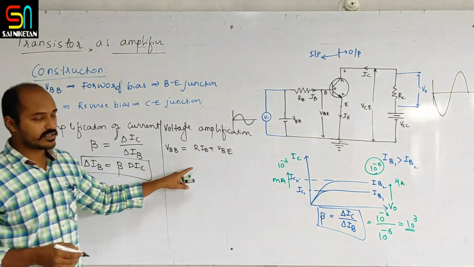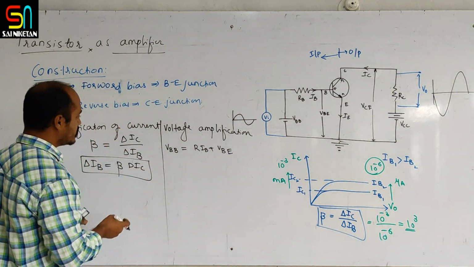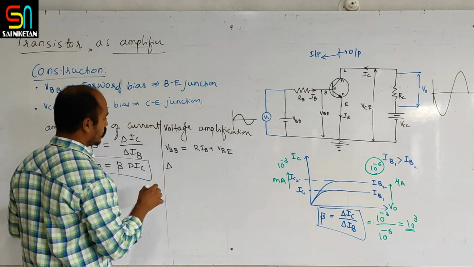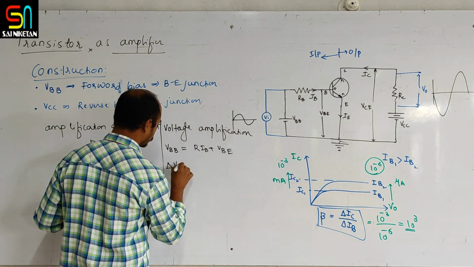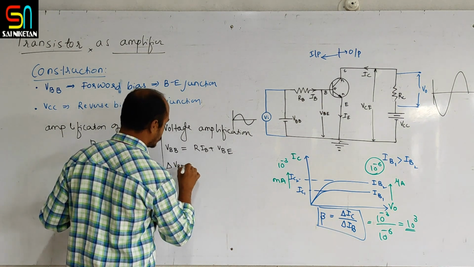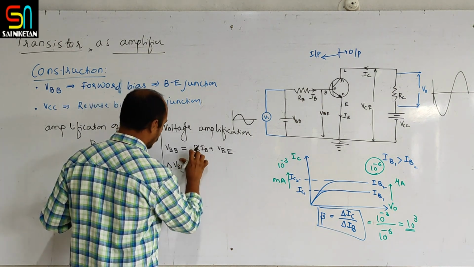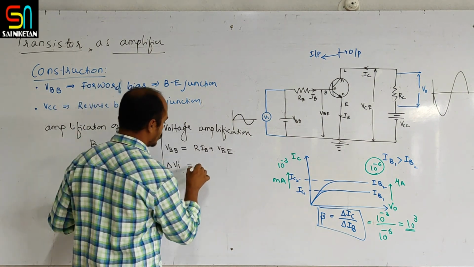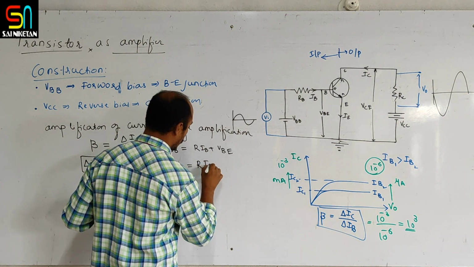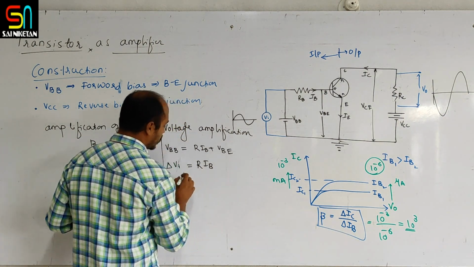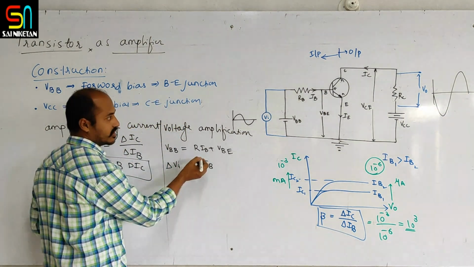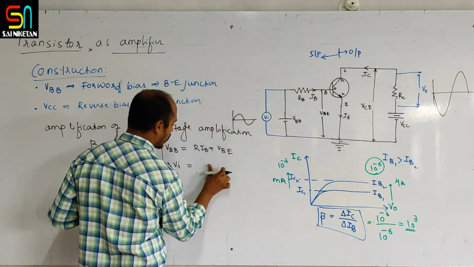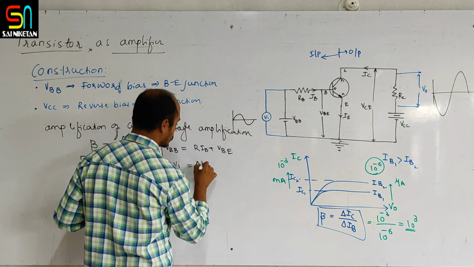Now if you differentiate this, we will change the input voltage. So change in input voltage VBB, I am writing this one as input voltage VI, so change in VI is equal to IB RB, but here resistance is constant. We cannot change the resistance because we have fixed it. As the voltage is changing, the current flowing through the resistor changes.